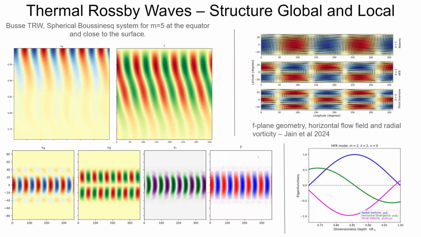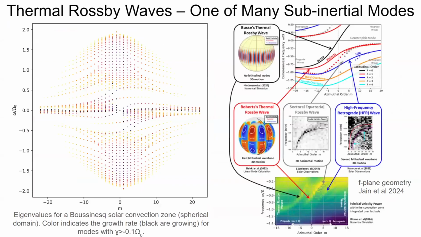So similar to what Rekha and Brad found for their F-plane models, these really have only a single node. There's no node in radius for this particular mode. Some of the convective modes that I showed here will have multiple nodes in latitude and radius.